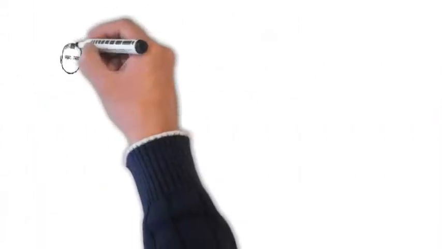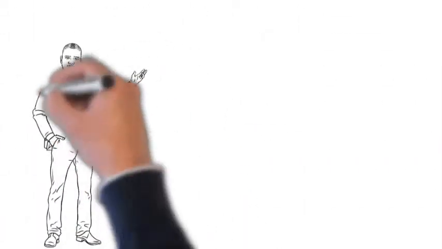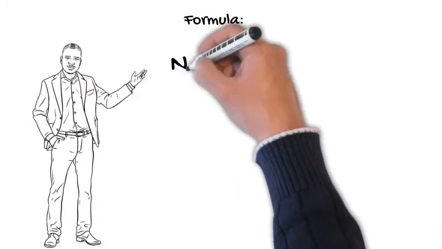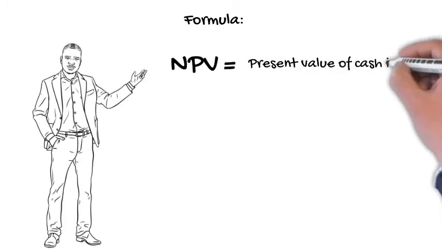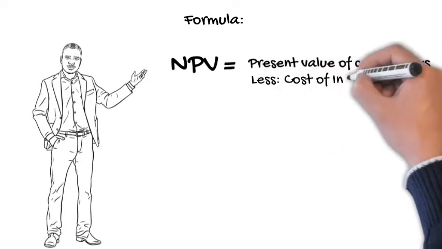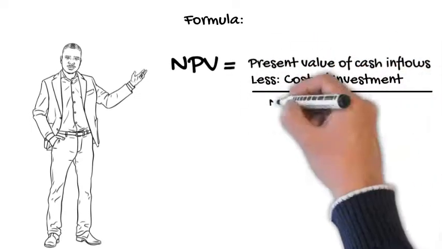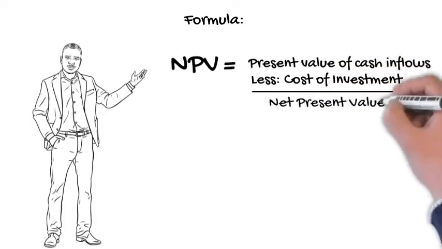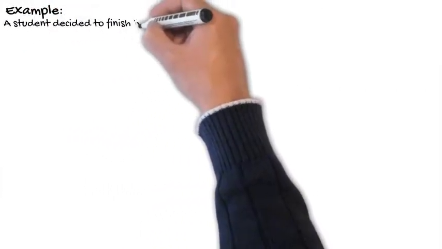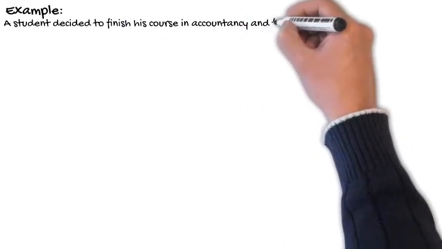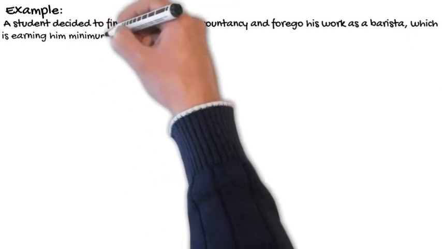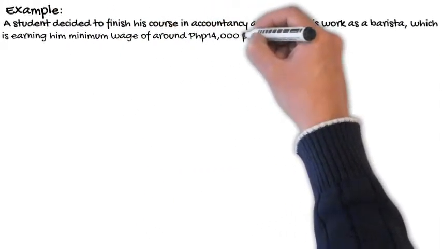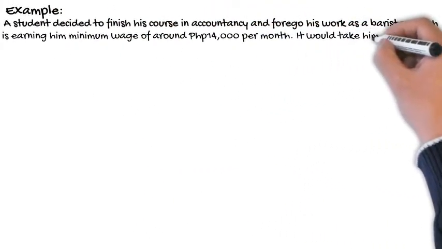We'll take an example using present value. Please take note of the formula we're going to use in computing for the investments in education of a certain student using net present value. The student decided to finish his course in accountancy and forego his work as a barista, which is earning him a minimum wage of around 14,000 per month.